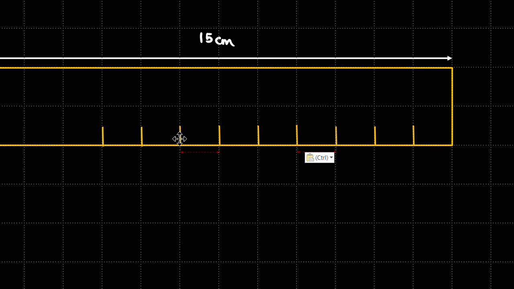You will see sometimes there will be numbers written, 1 centimeter, 2, and so on till 15 centimeters.